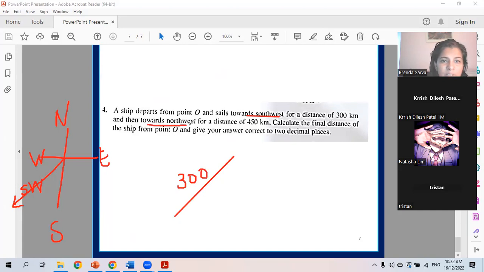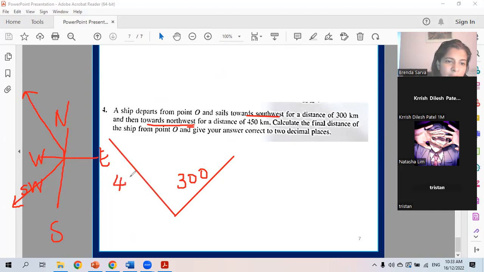And then towards northwest. Where is northwest? Northwest. Now this is north. This is northwest. So go on here. Northwest, for another 450 kilometers.